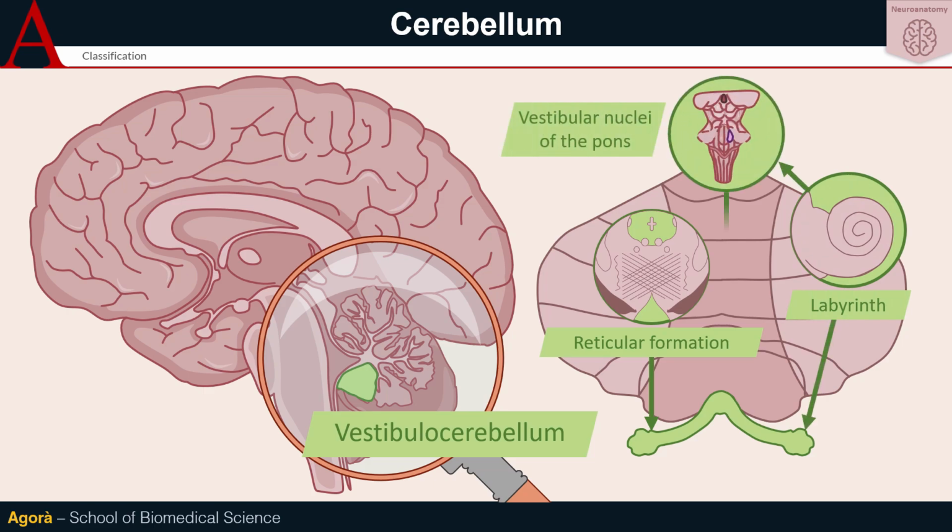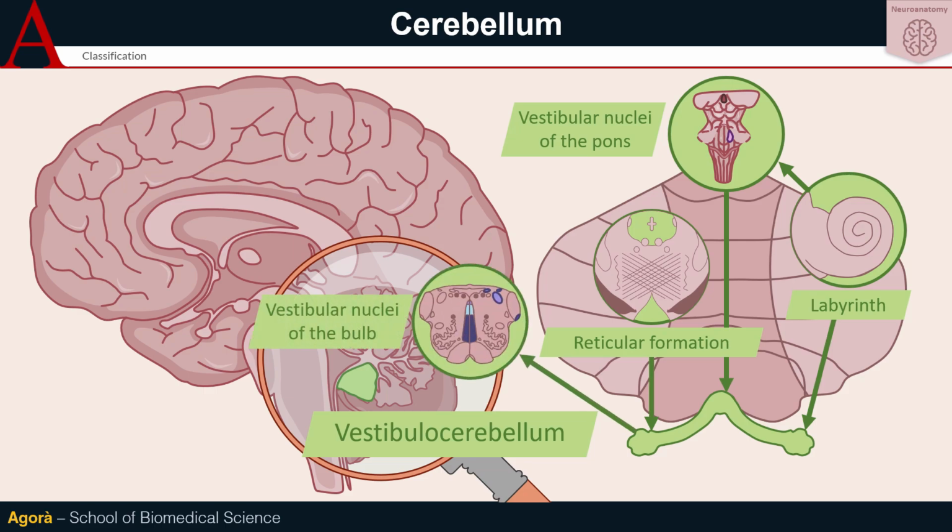It receives inputs from the reticular formation and the labyrinth, both directly from the labyrinth and fibers passing through the vestibular nuclei of the pons. It sends outputs to the vestibular nuclei of the bulb.